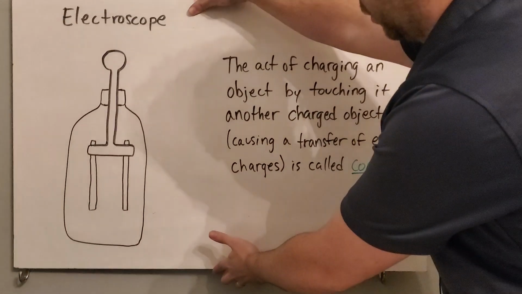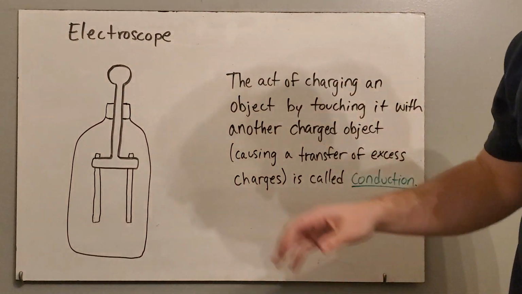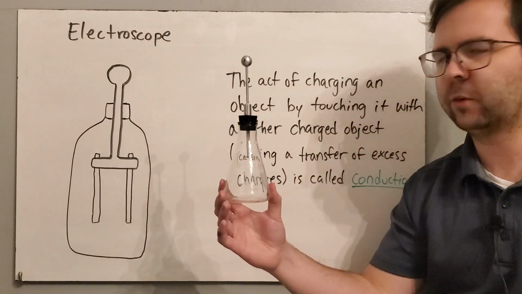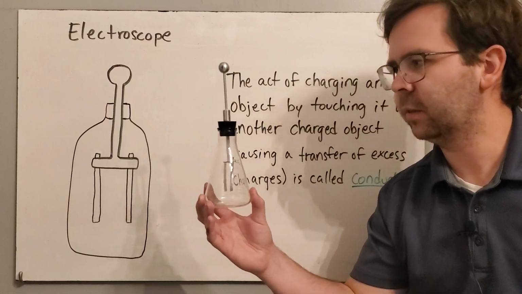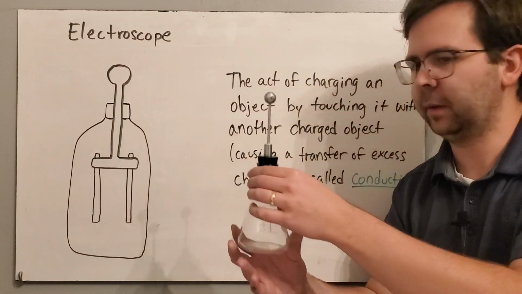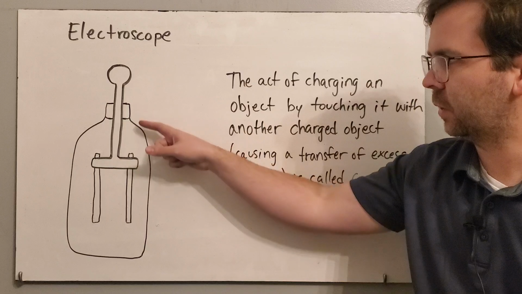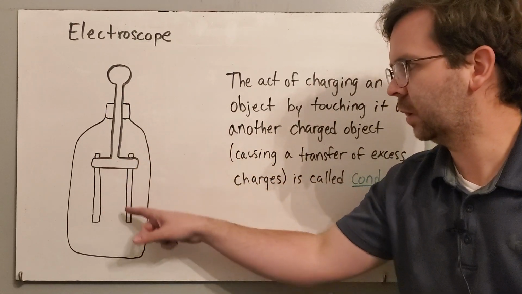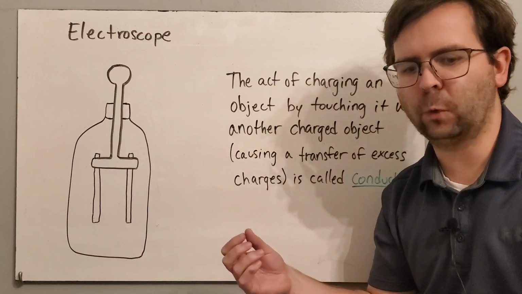So I want to show you a device that you can deposit charges on. It's called an electroscope. And I have a picture of it here, but I have the actual thing right here. Now, there are different versions of this, but this one basically has a long piece of metal, a conductor, that's connected to these two hanging pieces of foil.